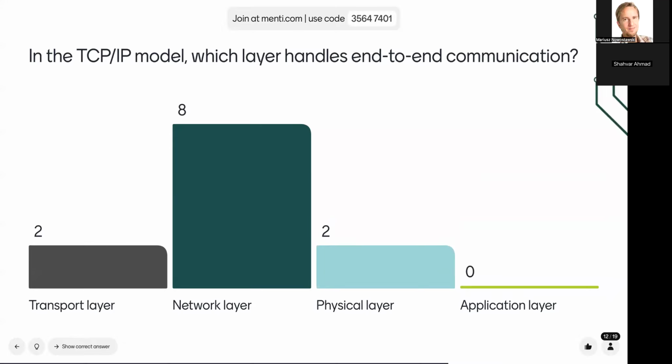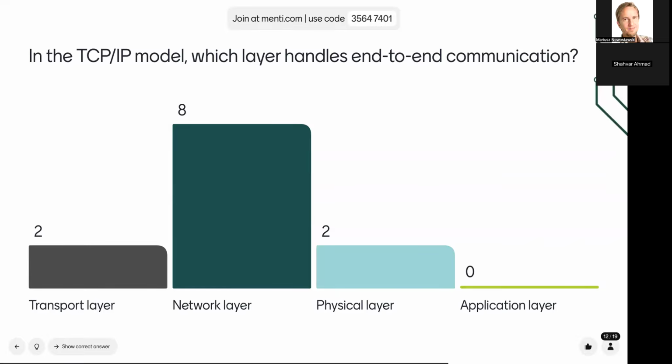So let's think about it. I have one computer, I have another computer. This one is a server. This one is a browser. They are connected through the TCP/IP stack.